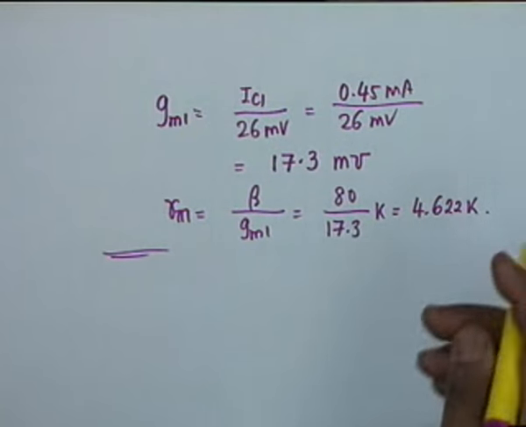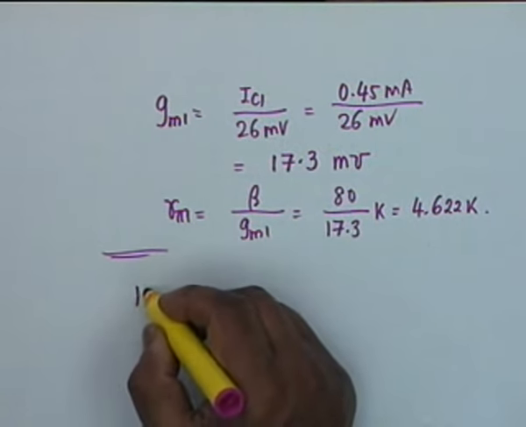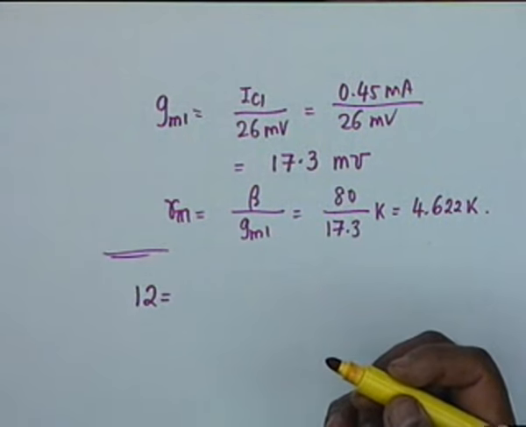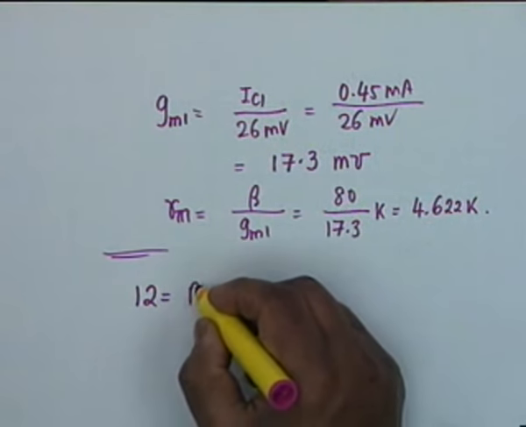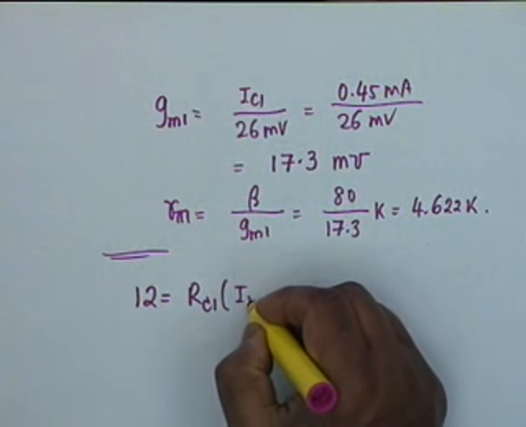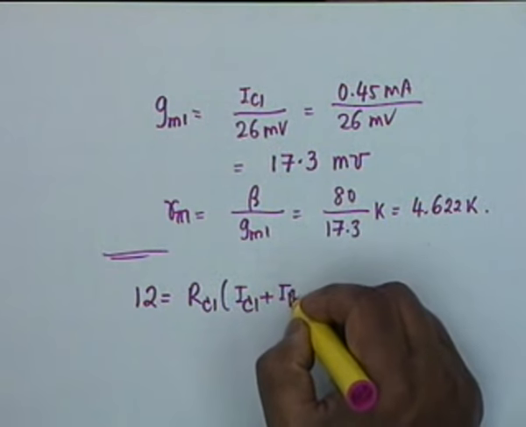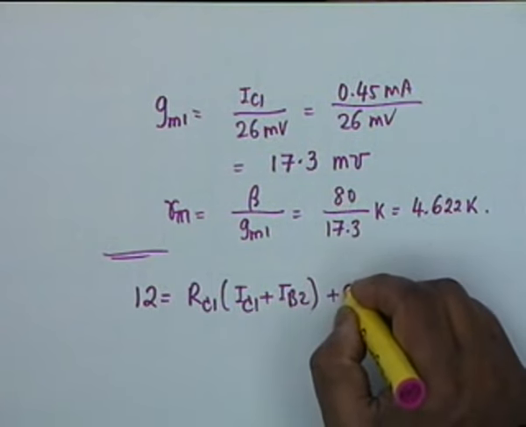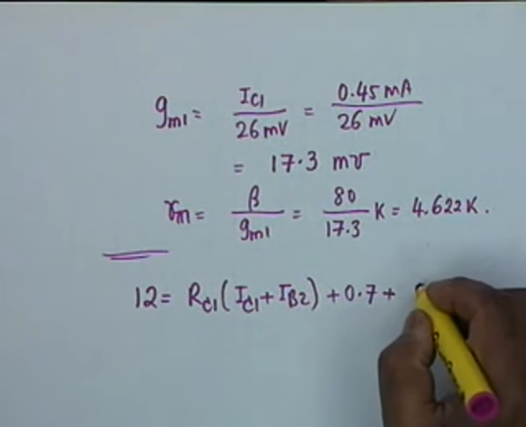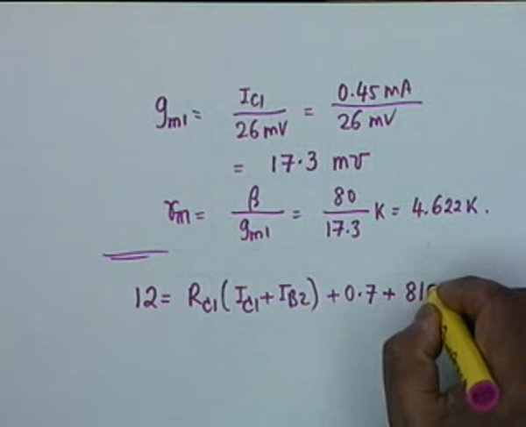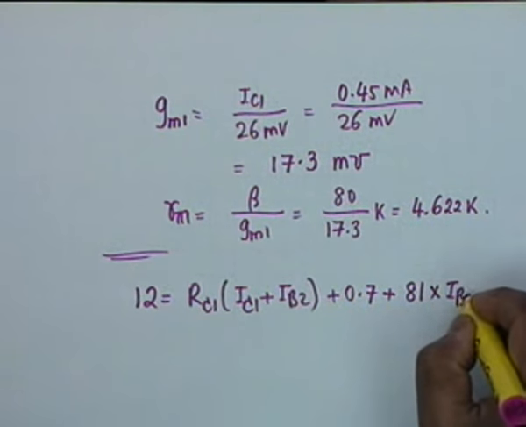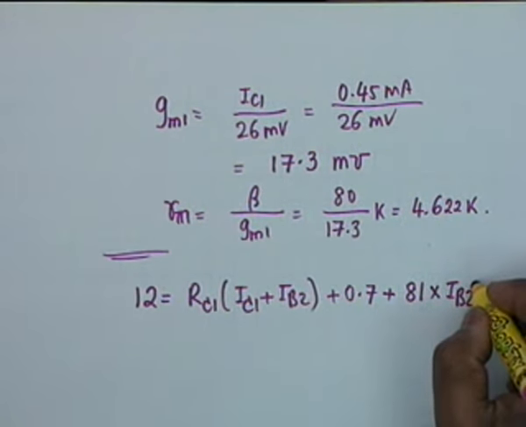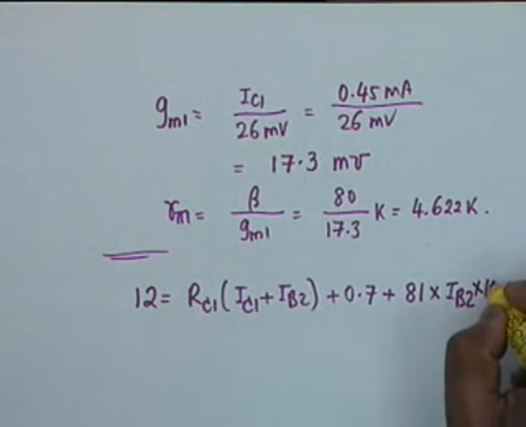What I do is I write 12 volt, that is the VCC, as equal to RC1 times (IC1 plus IB2) plus 0.7 plus 81 times IB2 times RE2, which is 1K.